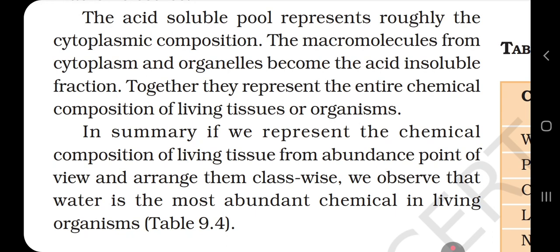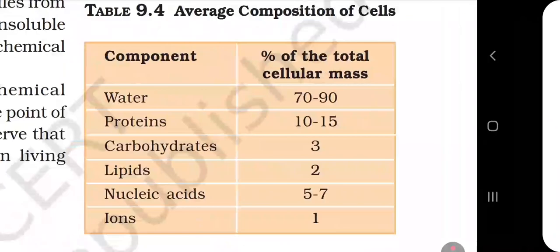The acid soluble pool represents roughly the cytoplasmic composition. The macromolecules from cytoplasm and organelles become the acid insoluble fraction. Together they represent the entire chemical composition of a living tissue or organism. In summary, if we represent the chemical composition of a living tissue from the abundance point of view and arrange them class-wise, we observe that water is the most abundant chemical in living organisms.